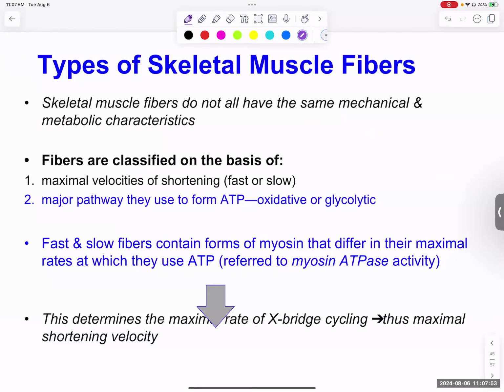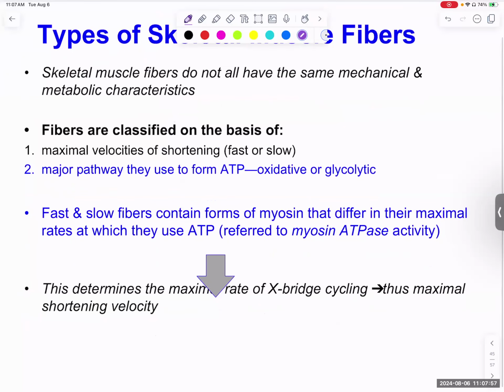Types of muscle fiber types, I keep talking about fast twitch, slow twitch, so I'm going to define those now. Fast twitch and slow twitch are based on the velocity or speed of the myosin heads to pivot.